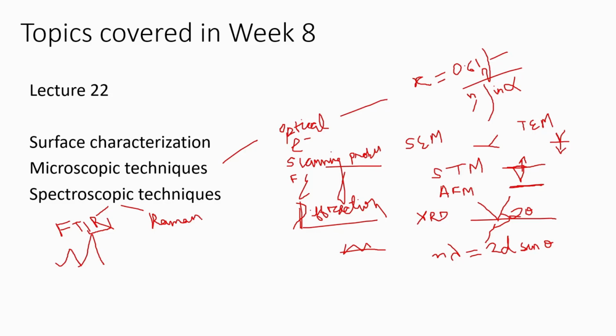There is an incident laser light that illuminates the sample, and based on this incident light, the molecules are excited to a higher energy level and then they relax to a vibrational state. This vibrational excited state is the Stokes-Raman scattering, and analyzing these states gives information about the molecules.